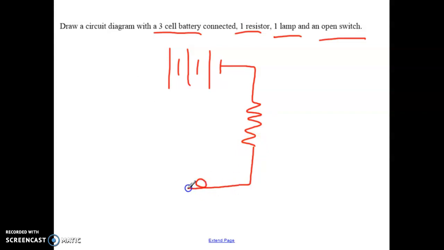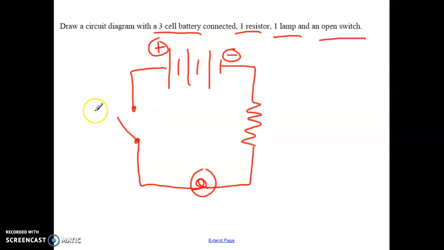We have 1 light bulb. And now we have an open switch. Let's draw a circle around this loop. Okay, so here, because this is an open switch, we are not going to show the electron movement. The electrons are not moving right now. If this was closed, we would show that.